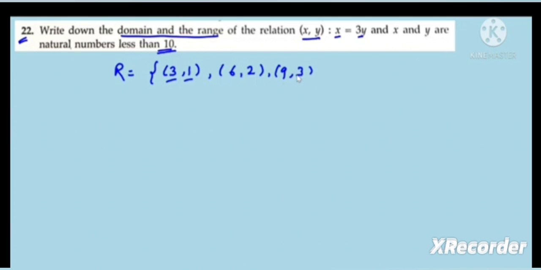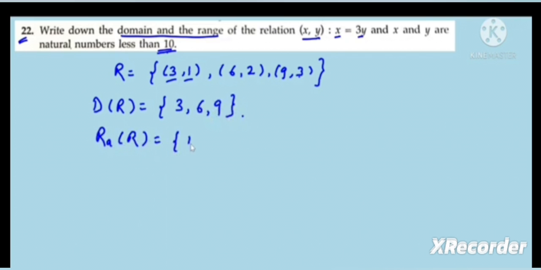And y is 3, then x is 3 into 3, that is 9. Now to find out the domain and the range of R, domain means the 3, 6, 9, and the range is 1, 2 and 3.